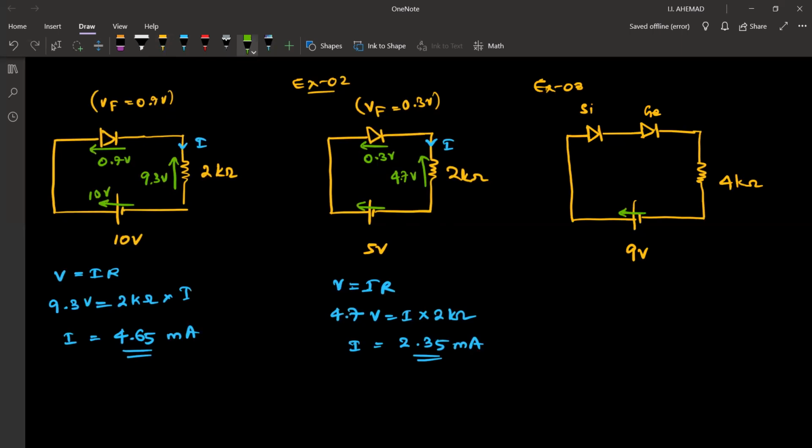Here you have 9 volts. The drop here is 0.7. The drop here is 0.3. So across the resistor the drop will be 8 volts. Now we can find the current. So V is equal to IR. 8 is equal to I into 4 kilo ohm. So I is equal to 2 milliamperes.